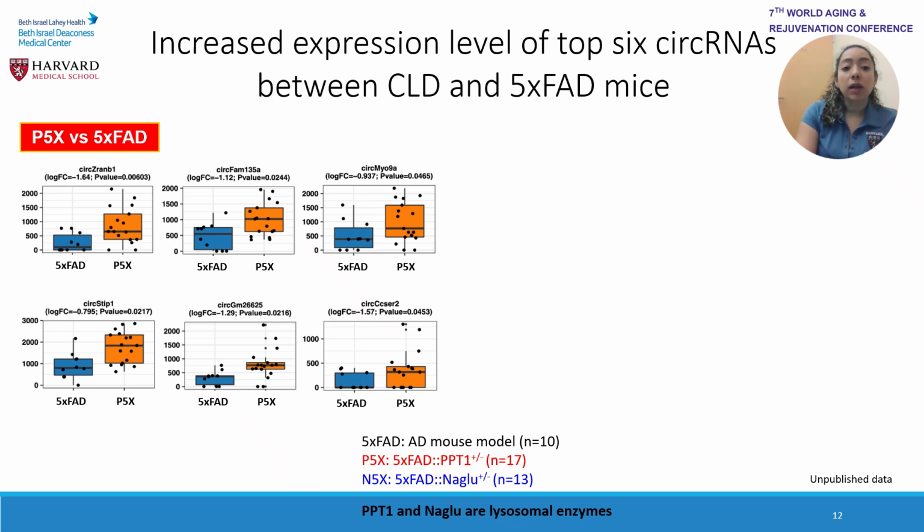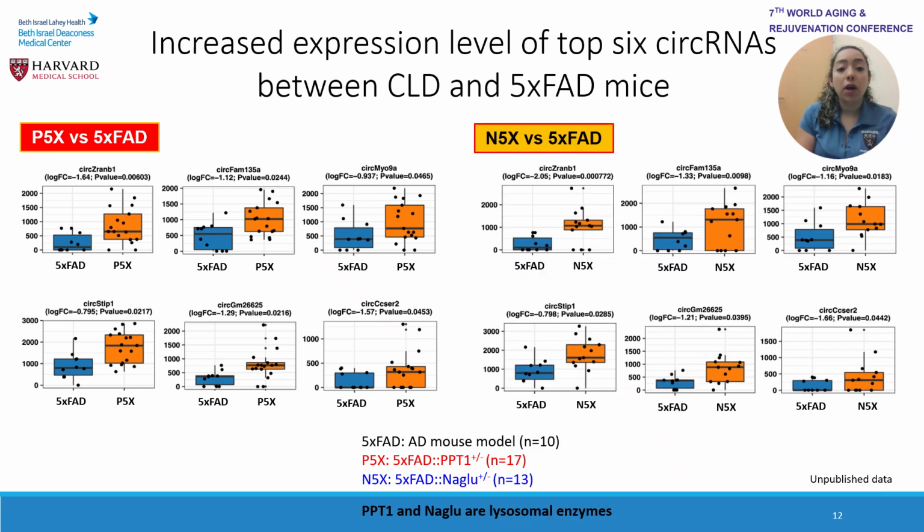Upon analyzing circRNA expression data, we identified 6 circRNAs that were significantly upregulated in both comparisons, P5X versus 5XFAD and N5X versus 5XFAD.